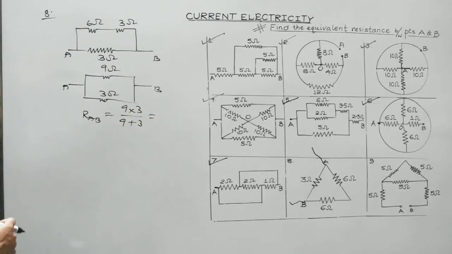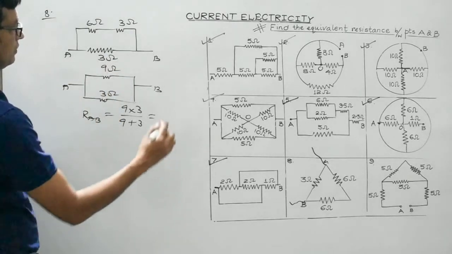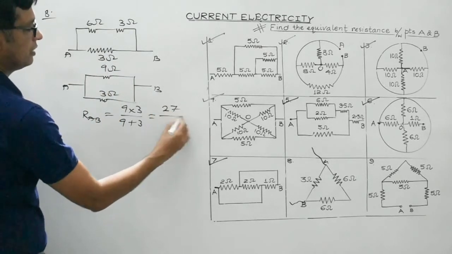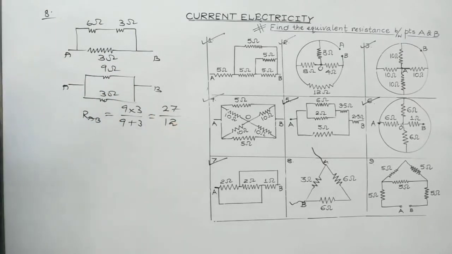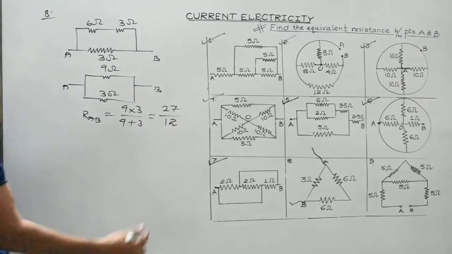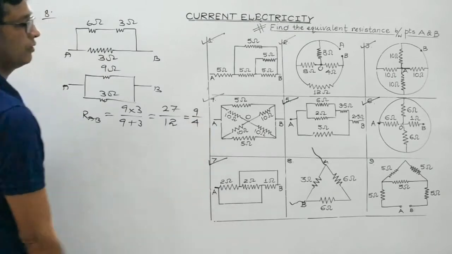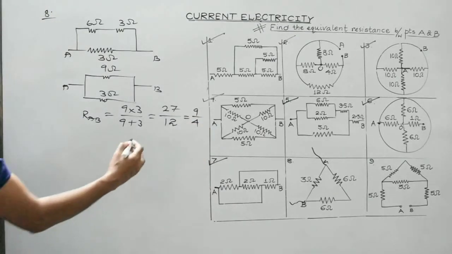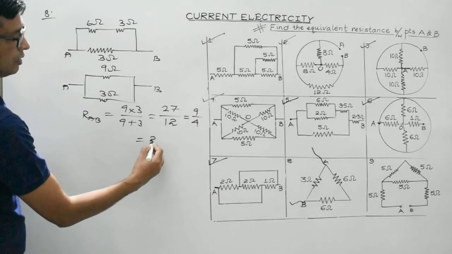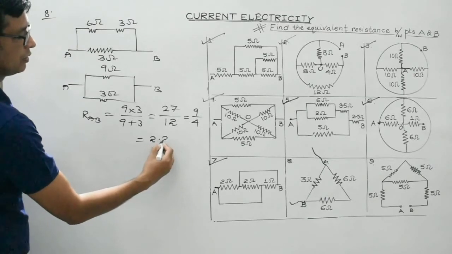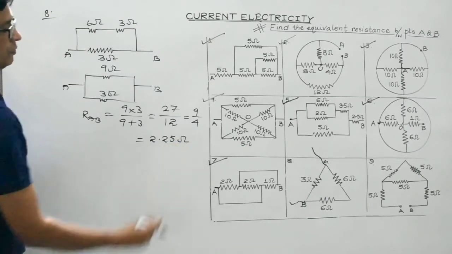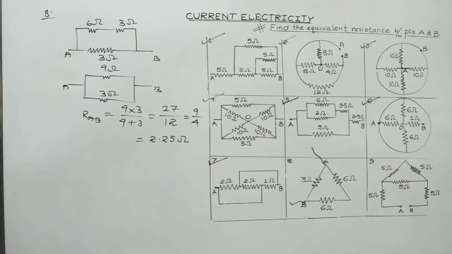It's clear, students? So that will give us 27 divided by 12. So that will further give us 9 by 4. So that will give us 2.25 ohm. This is the equivalent resistance between the points A and B, right?